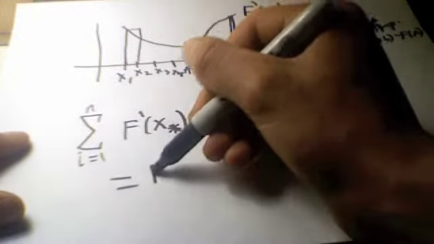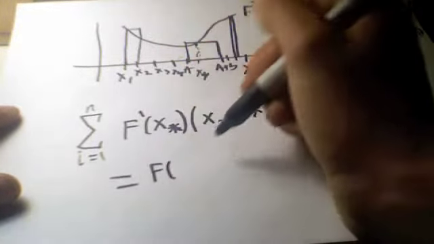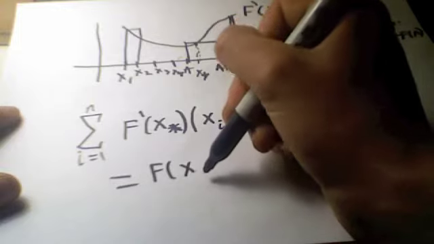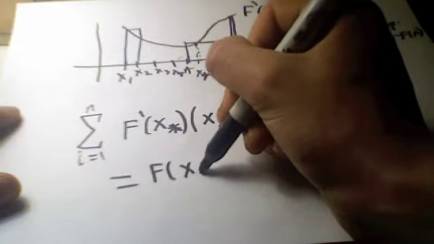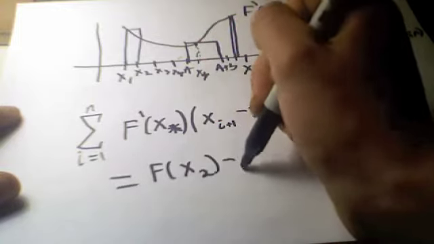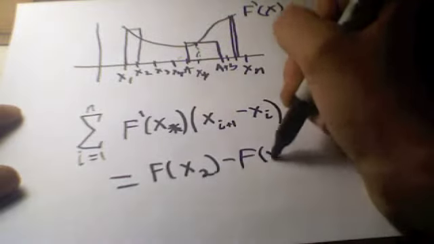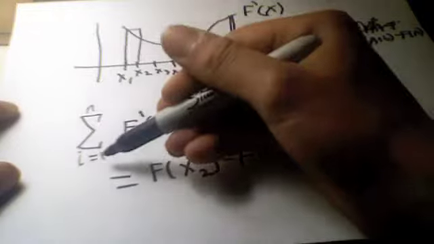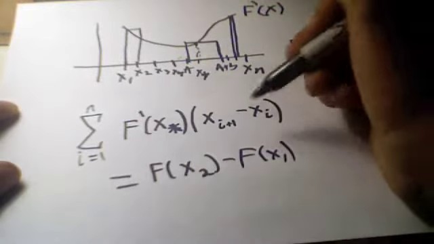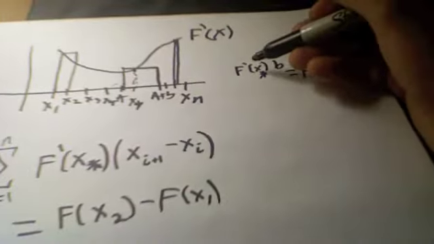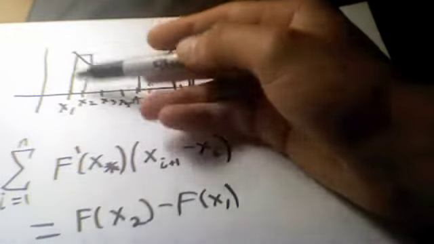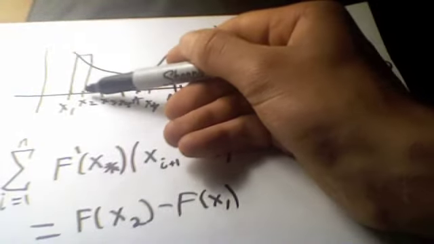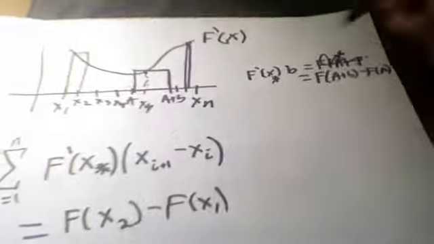equal to f of x2 minus f of x1. See how I did this? It's not for all of them, definitely not, but when i is 1, then this times this is the first endpoint, this is the second endpoint, so we can do that.